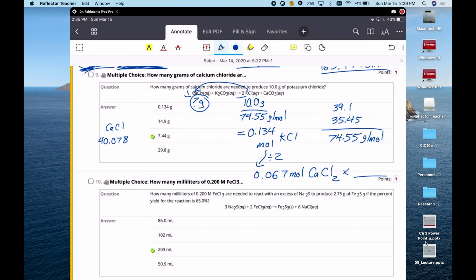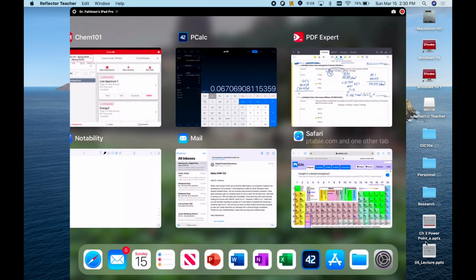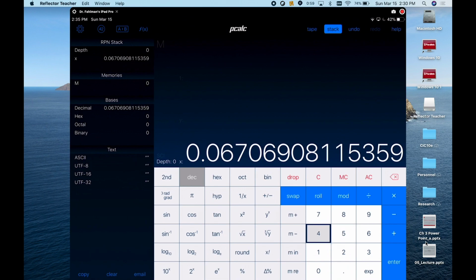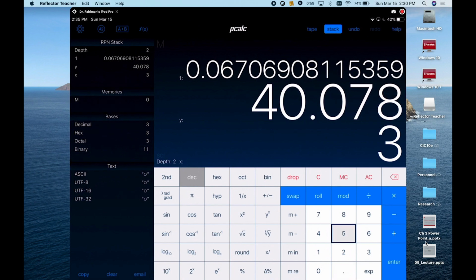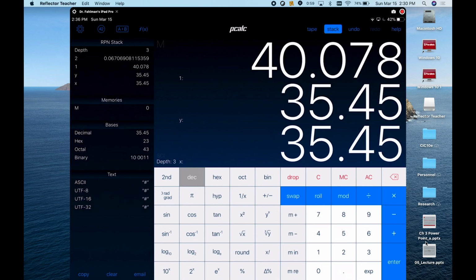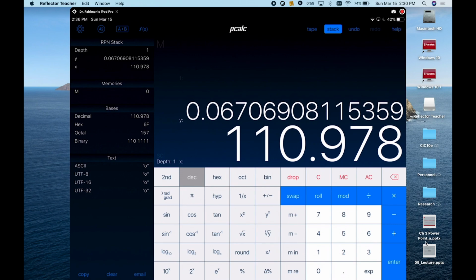So this is calcium chloride, and then our 35.45 times 2, and that's 110.978.